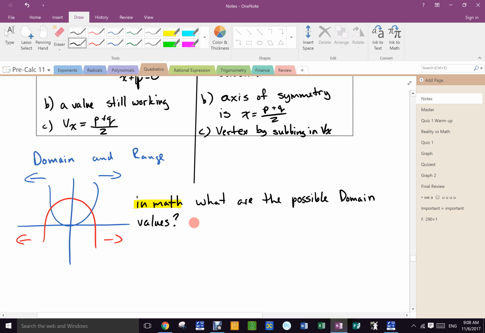Negative infinity up to positive infinity. So x is a set of real numbers. Because every single number will work in a parabola, won't it? Because every single number can be squared, multiplied by a number, and added together. Everybody agree?